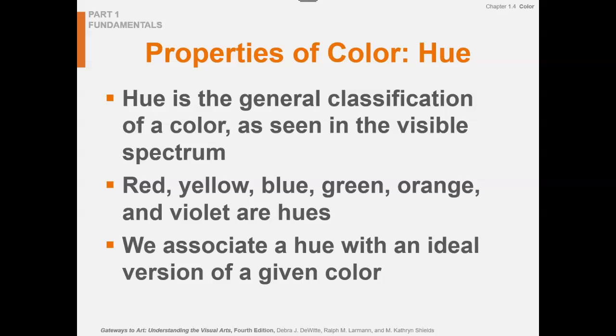So as seen in the spectrum, you have red, yellow, blue, green, orange, violets, right? These are hues. And so we associate the hue with an ideal given color, right? So this is what we're thinking about when we think about red in the spectrum.